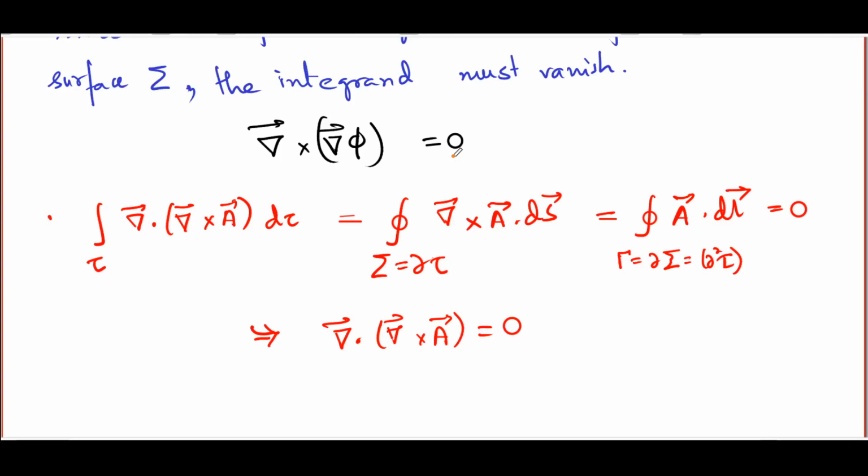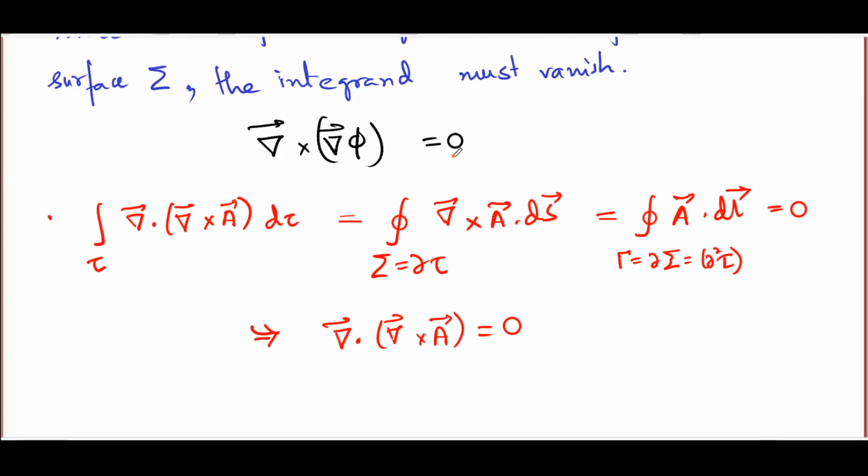Or in other words, since sigma is the boundary of a region, it has to be a closed surface and as such can have no boundary. Therefore, the line integral is being done over a line of 0 length, so to speak, and therefore it must be 0. And since divergence of curl of A gives you a 0 integral over any arbitrary volume whatsoever, the integrand in this case, divergence of curl of A, must be 0 itself.